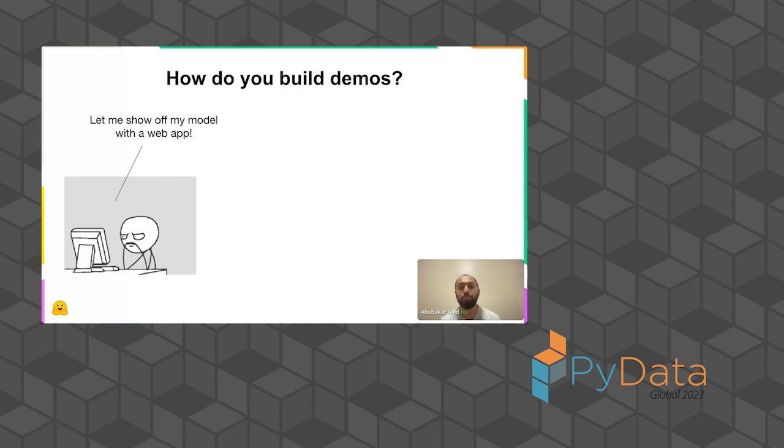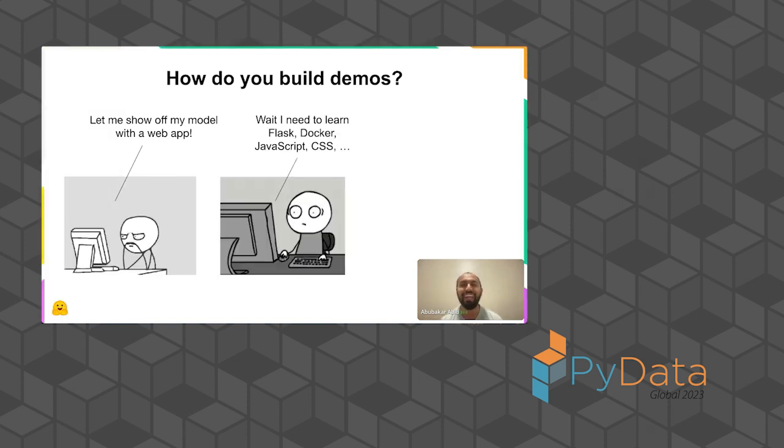Traditionally, it's been hard to build a demo for a machine learning model. I remember when we started Gradio a few years ago, we would talk to a lot of model developers who really wanted to show off their model with a web application. But then they found, wait, I need to learn not just web hosting, not just serving the model efficiently, Flask, Docker, all this kind of stuff.